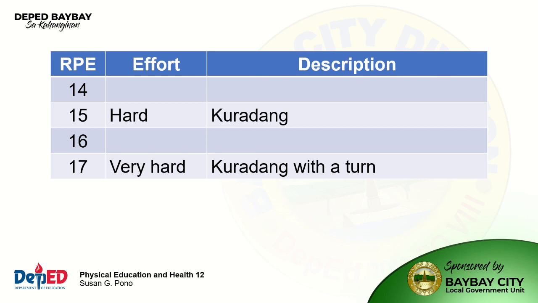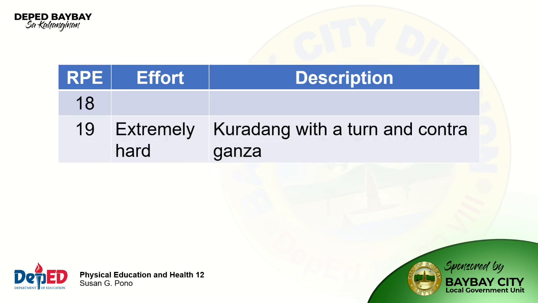If the RPE is 17, the exerted effort is very hard. Example is the folk dance Kuradang with a turn. If the RPE is 19, the exerted effort is extremely hard. Example is the folk dance Kuradang with a turn and Kontraganza.